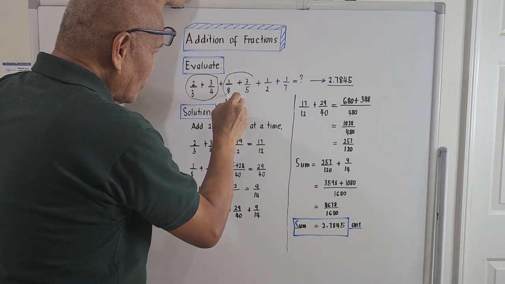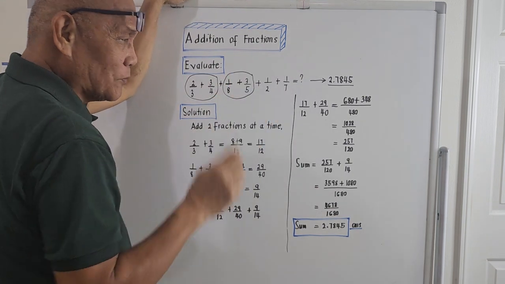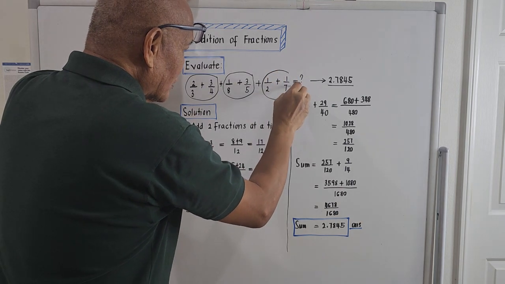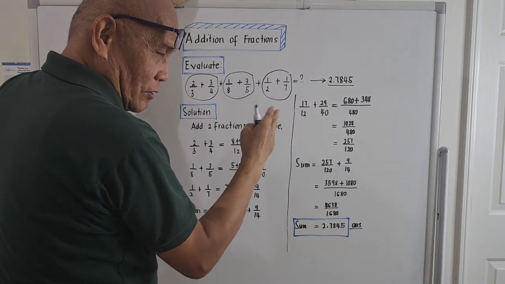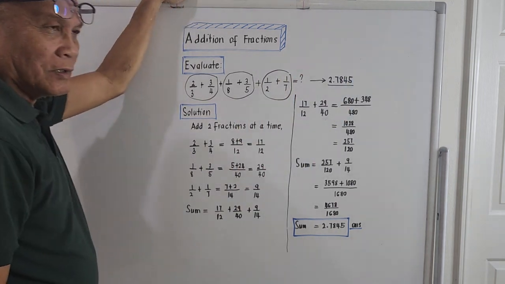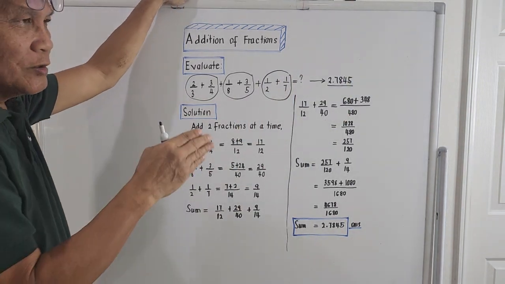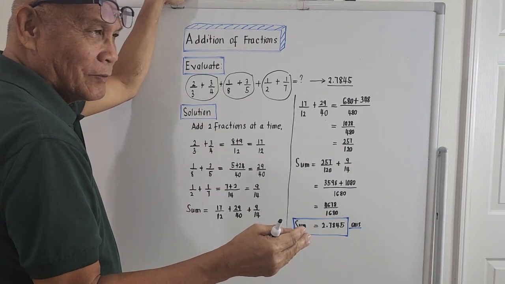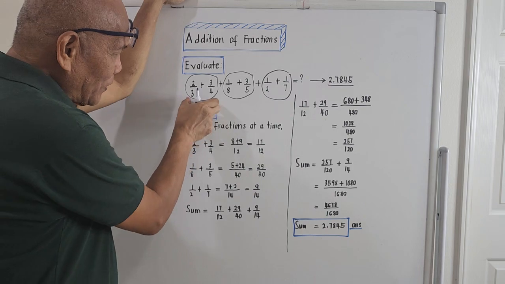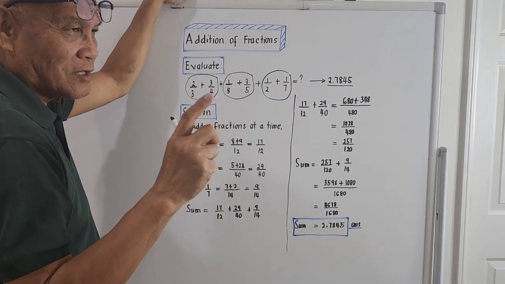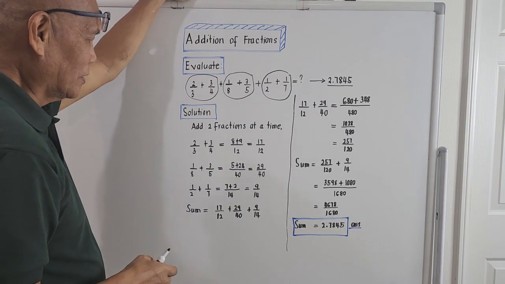Instead of finding the least common denominator, we'll just combine 2 fractions at a time to simplify calculation. I think that's the fastest way.